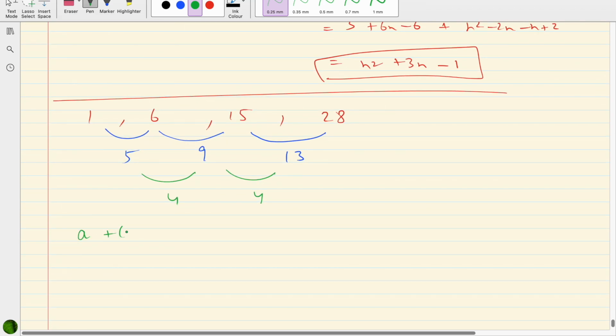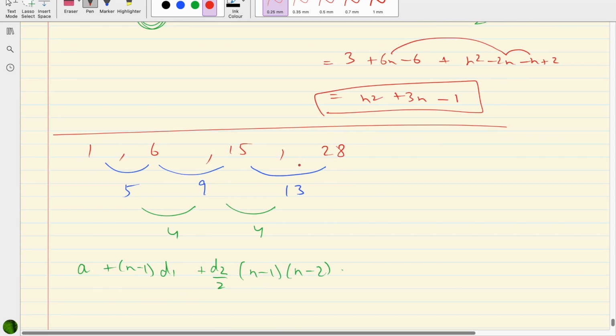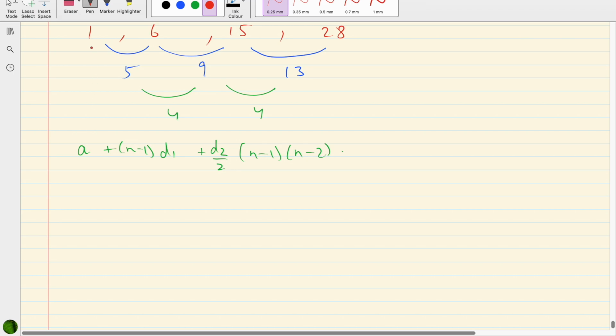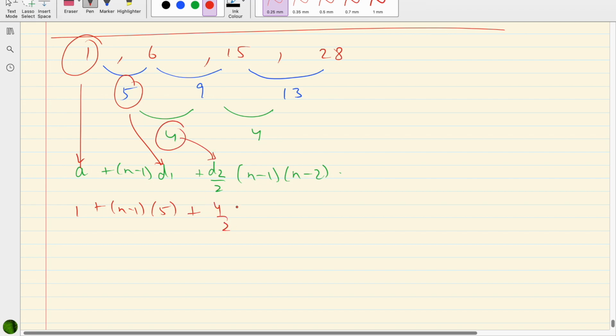Formula: a plus n minus 1 into d1 plus d2 by 2 into n minus 1 into n minus 2. So a is the first term, 1 plus n minus 1, and d1 is this 5, the first difference, and d2 is this 4. 4 by 2, n minus 1, n minus 2.